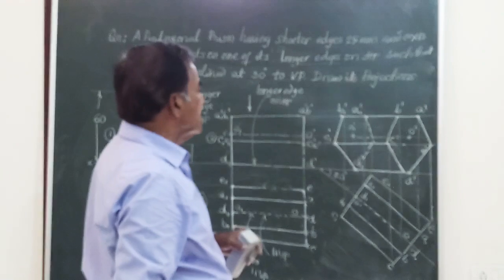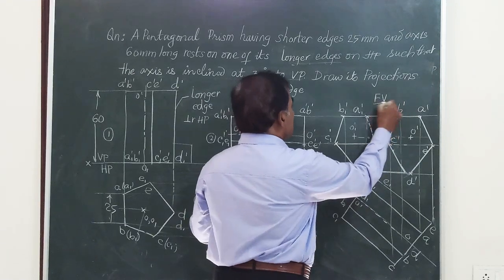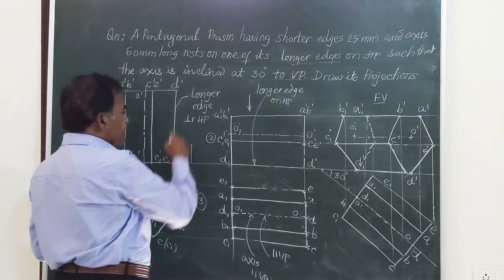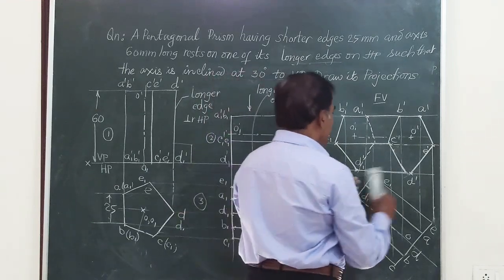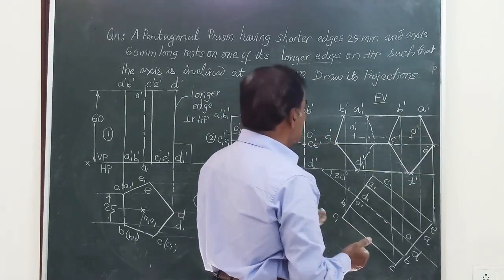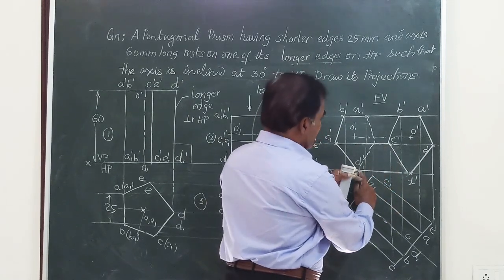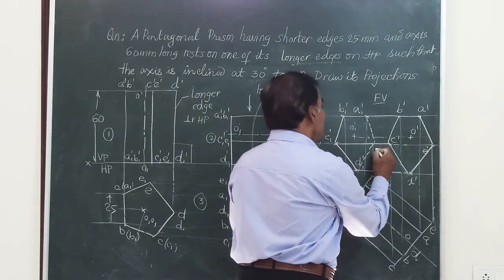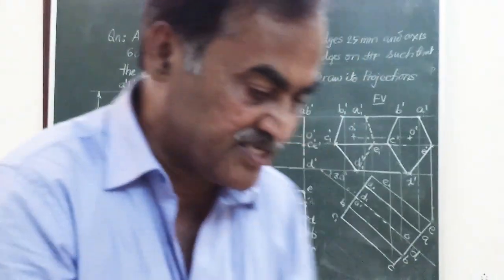Remember friends, in the final front view of the solid, you observe that the object is resting on D dash D1 dash, which is one of the longer edges. It can also be seen very clearly in this figure that the two rectangular faces, D dash C dash C1 dash D1 dash, and on the other side D dash E dash E1 dash D1 dash, are the two rectangular faces contained by the longer edge DD1.